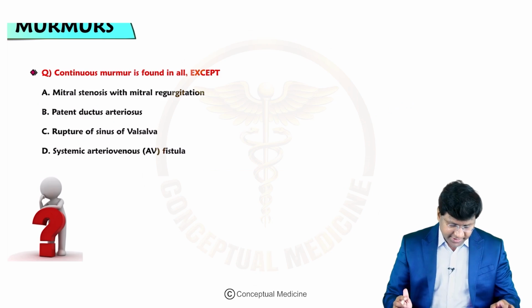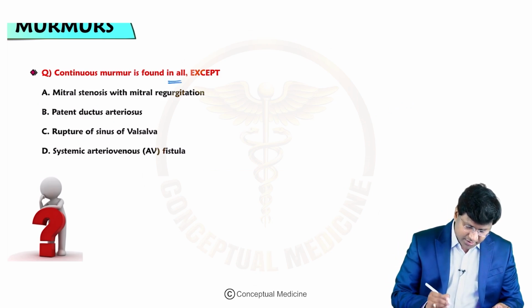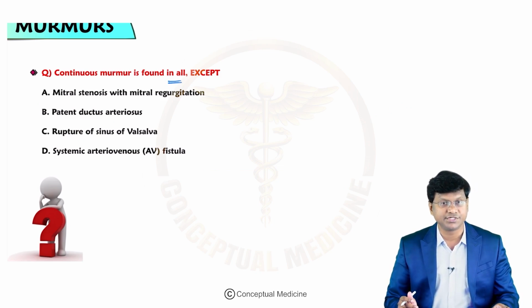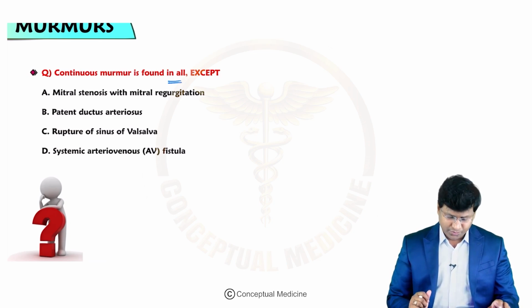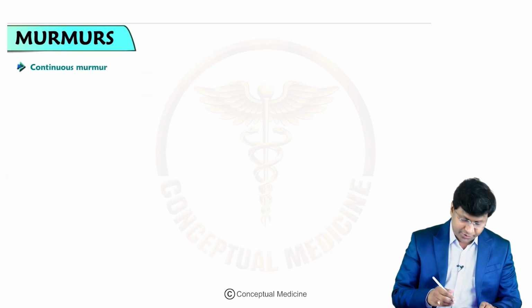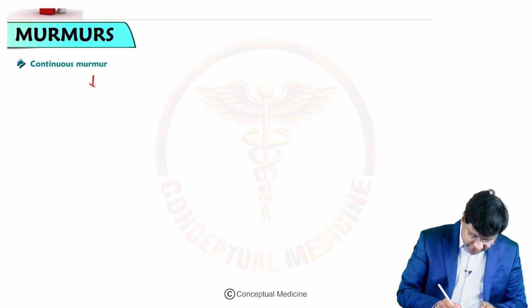Continuous murmur is found in mitral stenosis with mitral regurgitation, patent ductus arteriosus, rupture of sinus of Valsalva, and systemic AV fistula. What is the definition of the continuous murmur?